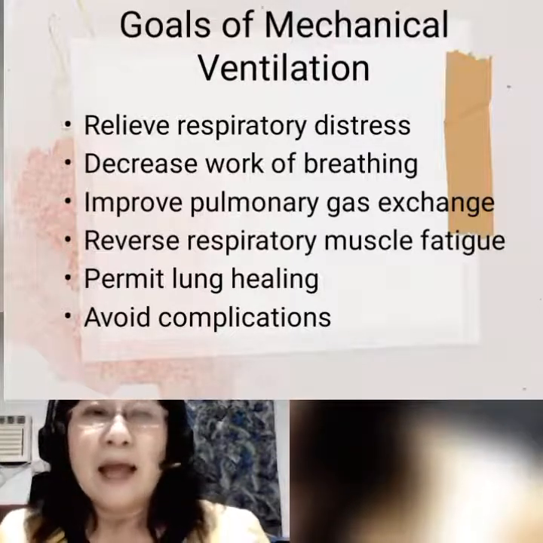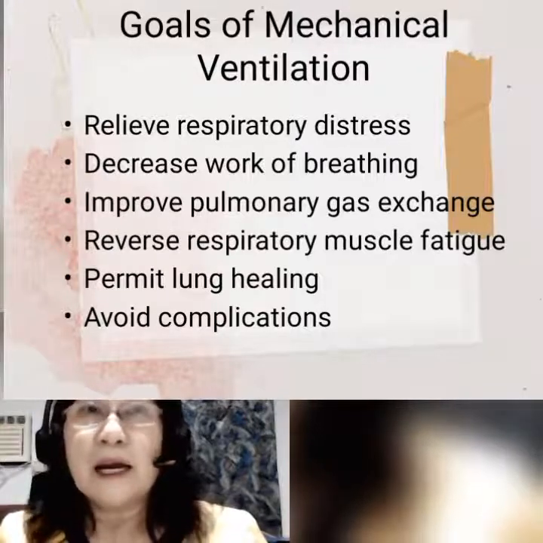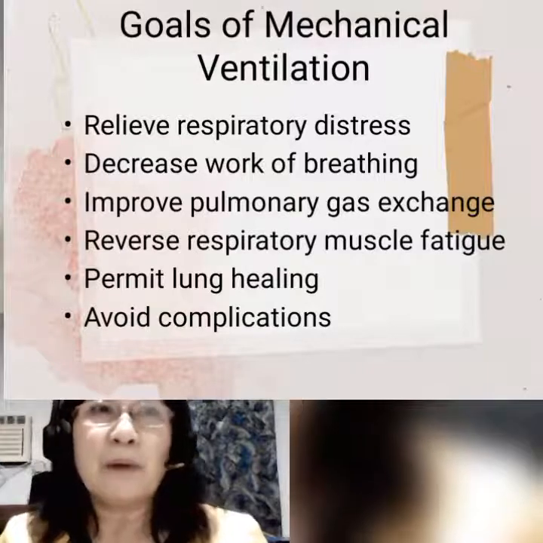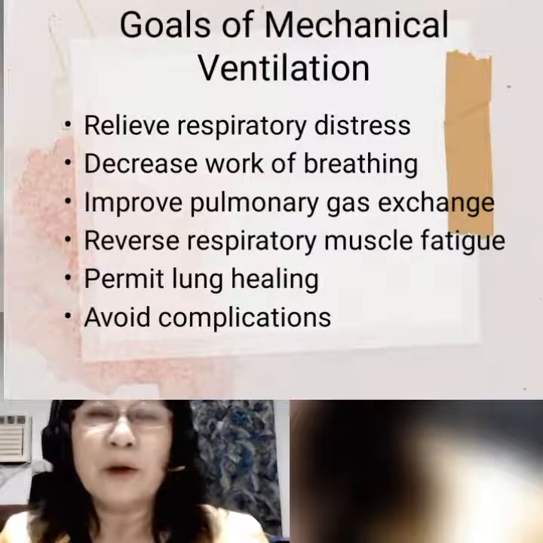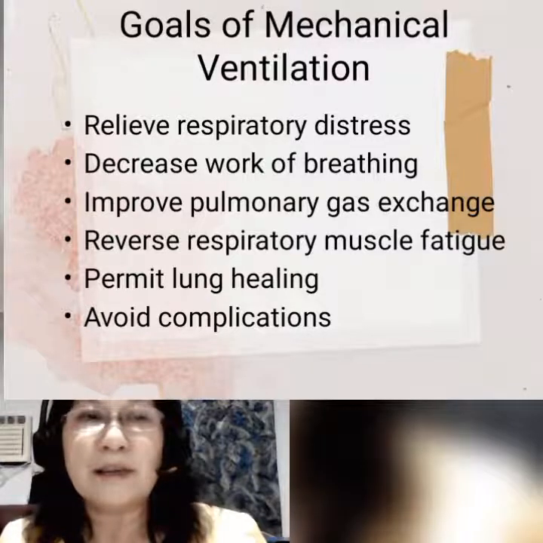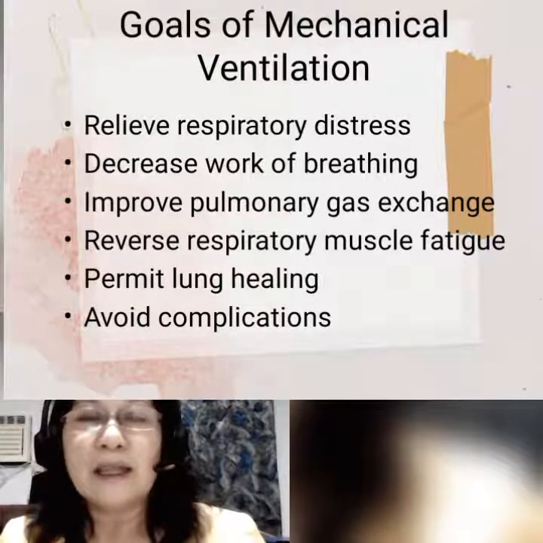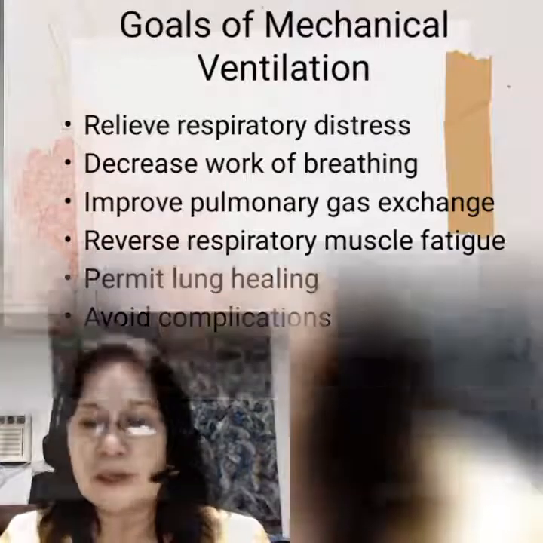Then we have permit lung healing, for patients suffering from pneumonia or COPD. Ventilation is necessary to keep them safe from the respiratory problems. Then the last is to avoid complications.